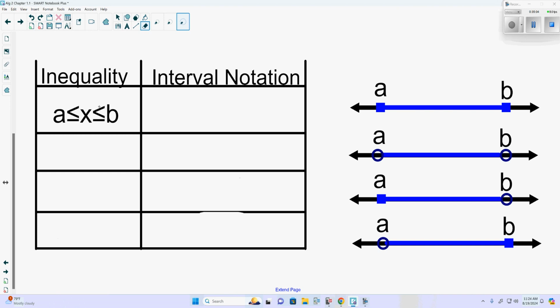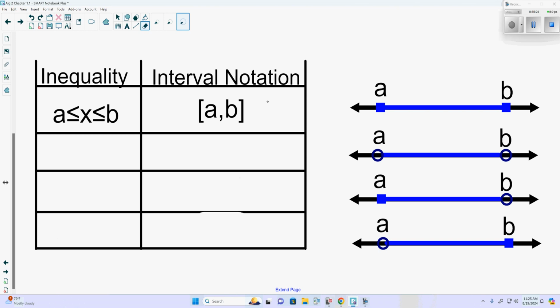Now, as an interval, because we have the inequality, the interval would be bracket A comma B bracket. We're saying that A and B are included.